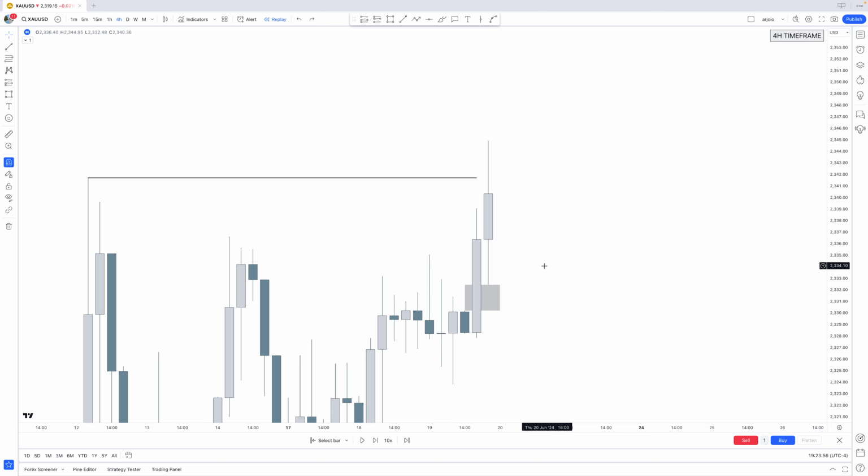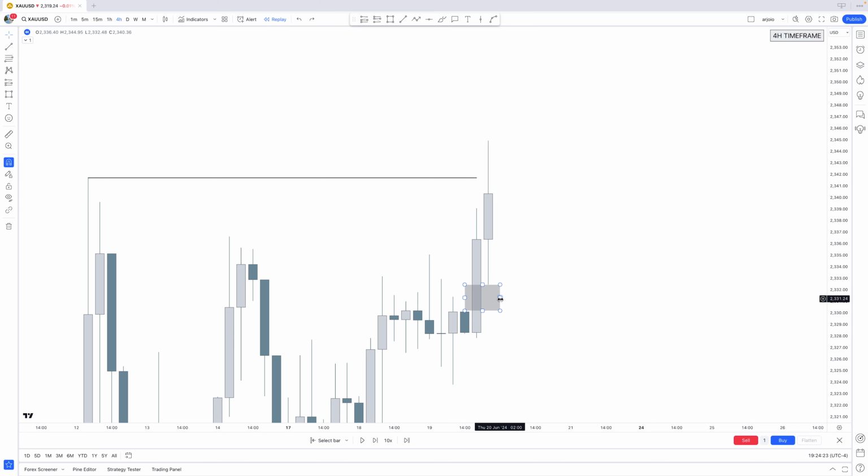So when we use the replay tool right here and pay attention to the order, it's important to understand we first respect an opposing PD array before coming back into the PD array that we expect higher prices off of, that we are looking to confirm on the lower time frame with our entry confirmation. Meaning, first we reach above that premium array and we are respecting it.